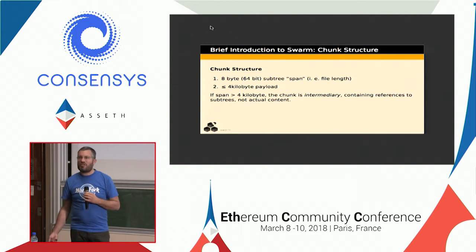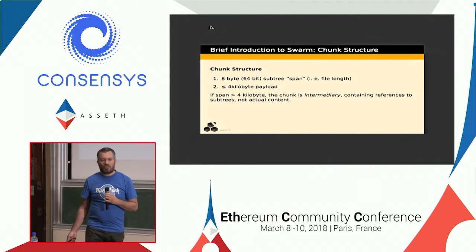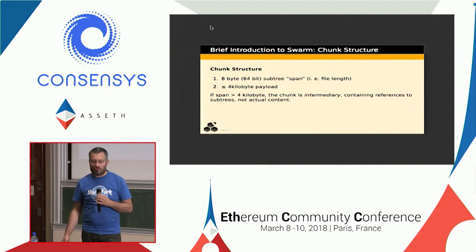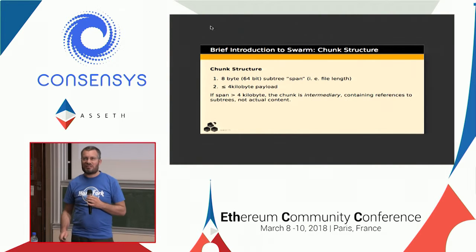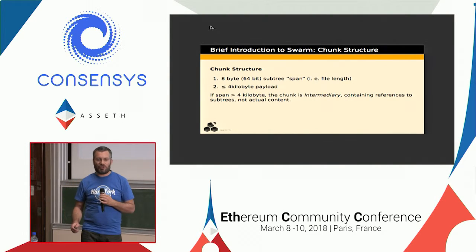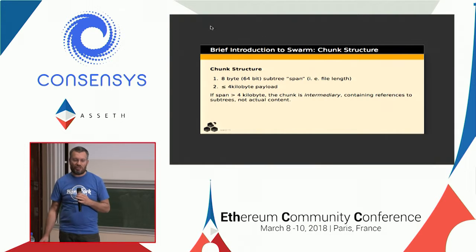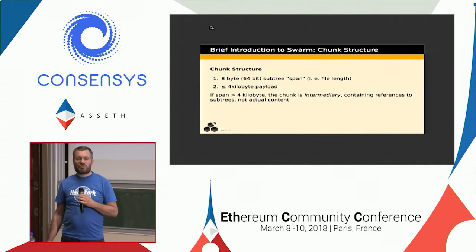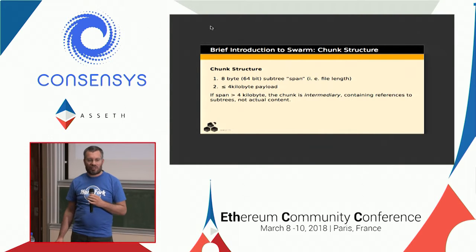So what's inside the chunk? A chunk consists of 2 parts. First is what we call the span, which is kind of the file length of the file represented by this particular chunk and the subtree of other chunks that are below it, and at most 4 kilobytes of payload data.